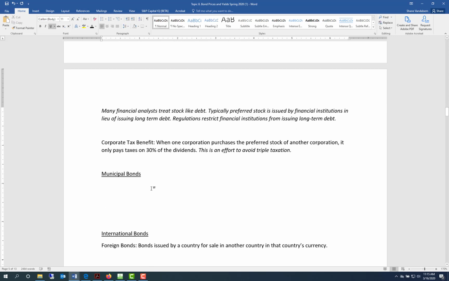Municipal bonds are bonds that are issued by cities, counties, states, or other municipalities.